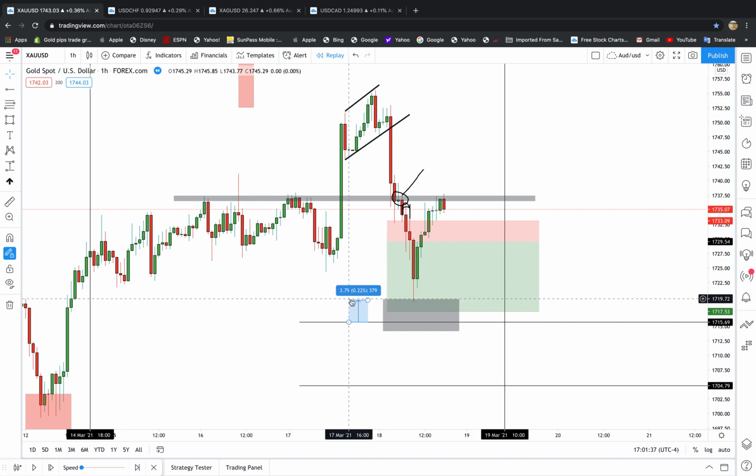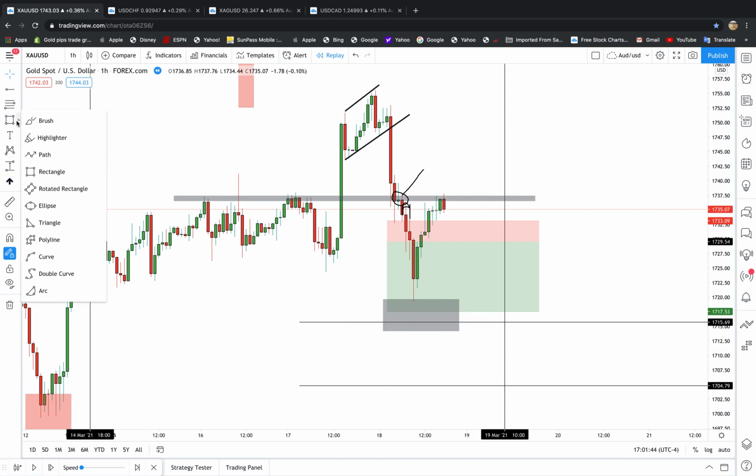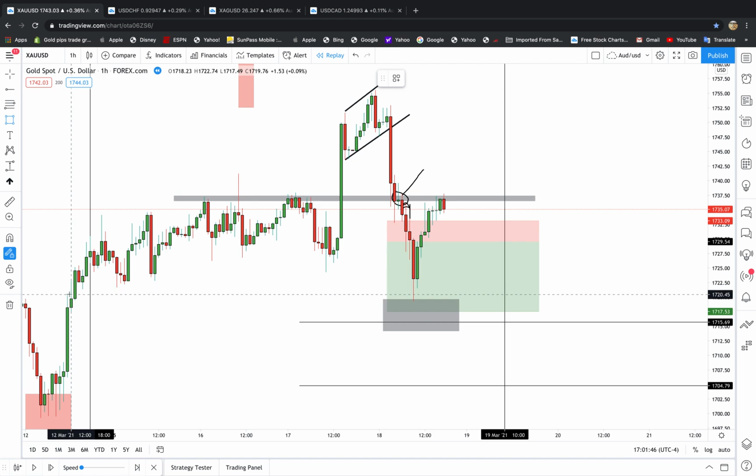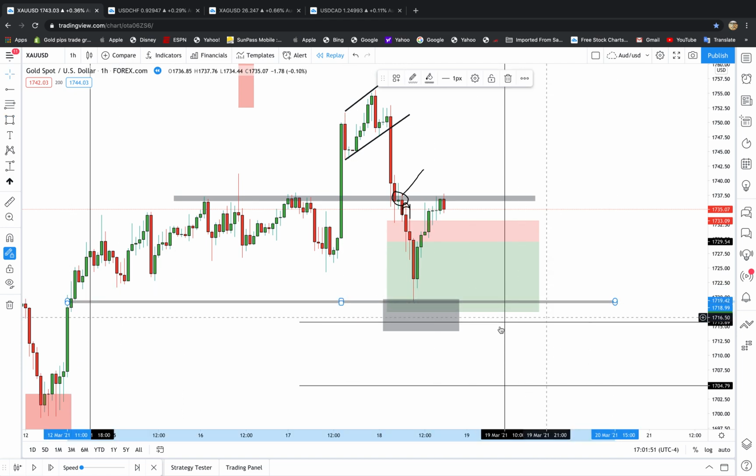And then if you look on the left side of the chart, you can see here we have support right at that area where it bounced from. Right, let me delete that.